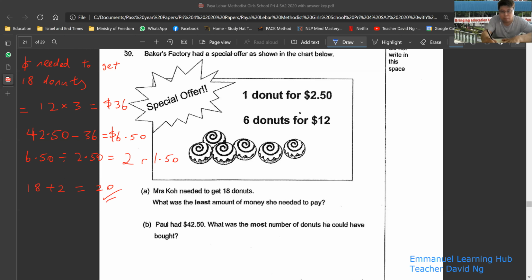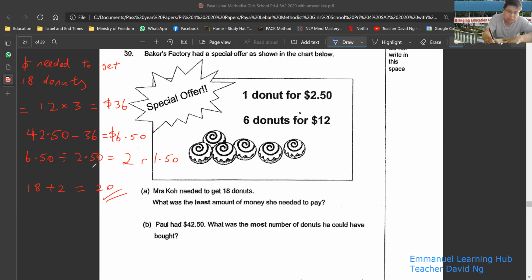So 20 is the most number of donuts he can buy. You know why, right? Because he bought 18 donuts using $36. Then after he buys 18 donuts, he is left with $6.50. $6.50 cannot buy 6 donuts anymore. $6.50 can only buy 1 donut for $2.50, right?